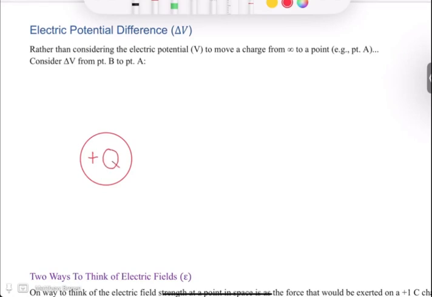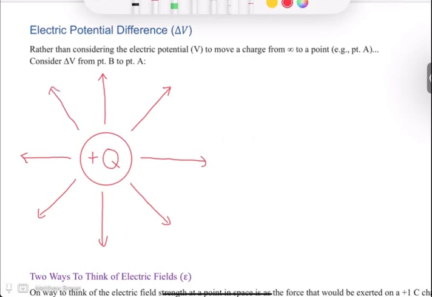So I've got some big charge here. It's positive, so if I wanted to, I could draw all the lines. This would represent the electric field lines from this charge. Everything would want to move away. So maybe I've got some hypothetical point here, or I've got some.